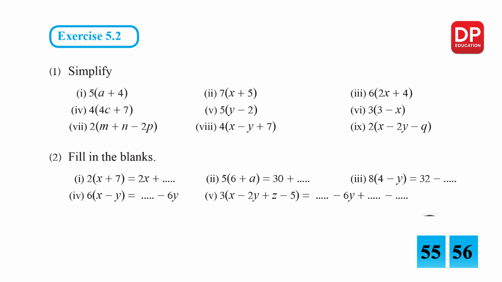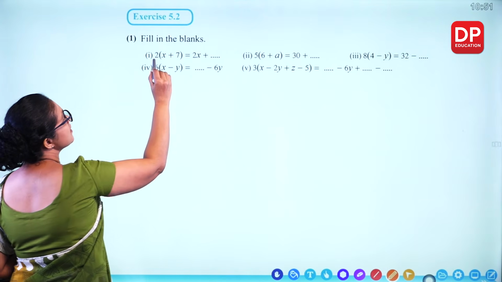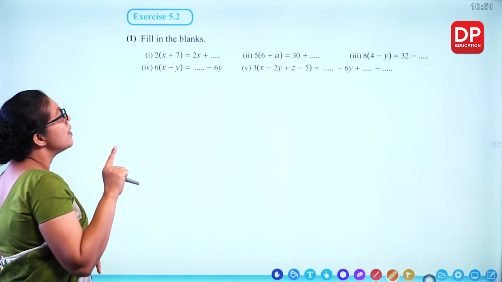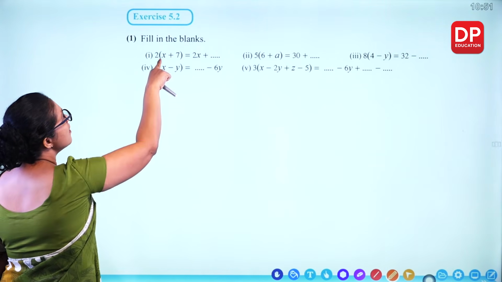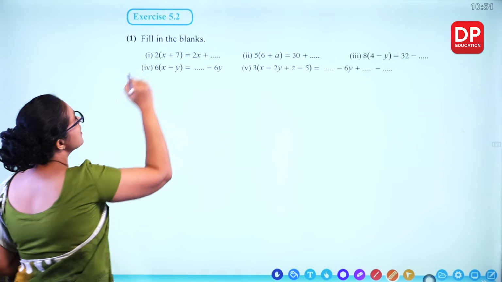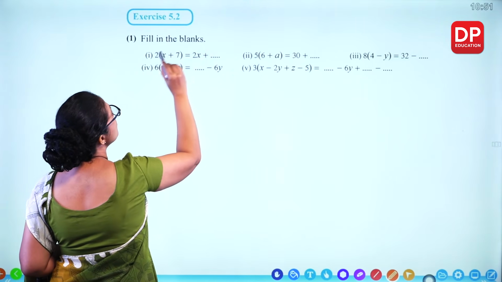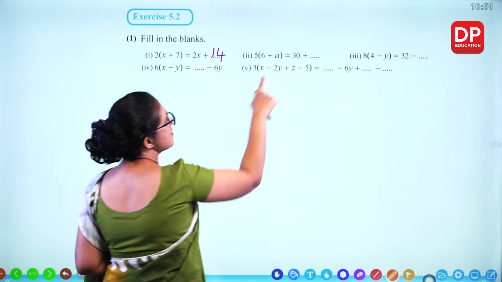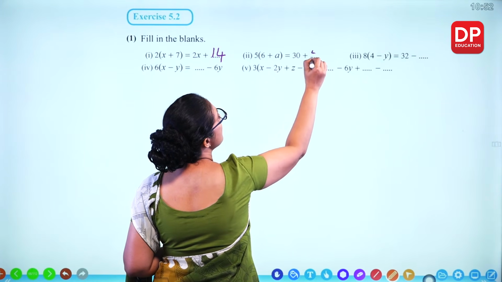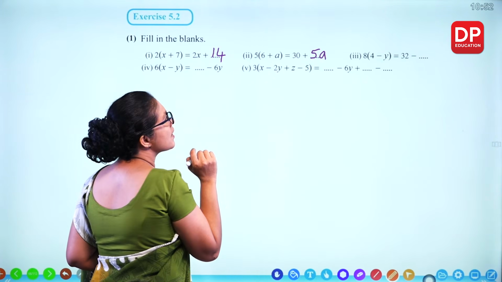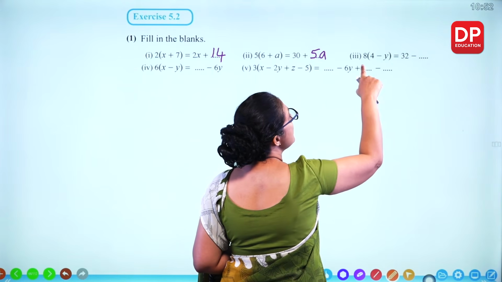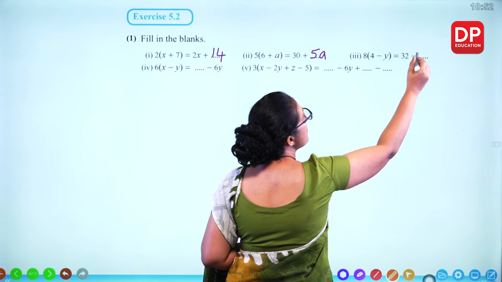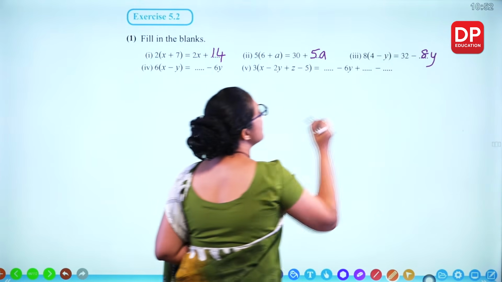Exercise 5.2, fill in the blanks. So, expand brackets. Multiply the number in front with all the terms inside. 2 times x, 2x. 2 times 7, 14. 5 times 6, 30 given. 5 times a, 5a. 8 times 4, 32 given. 8 times minus y, minus 8y.